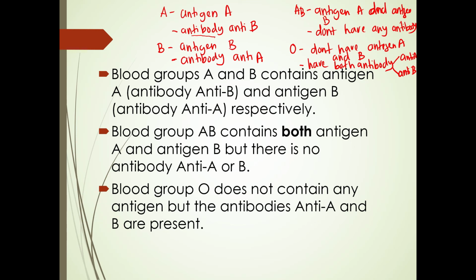Why? Because if the blood of an O person enters the A type person, it doesn't have any antigen. So the antibody of the A type person cannot recognize it because there is no face, right? No recognition. So it just can enter. That's why O is a universal donor.